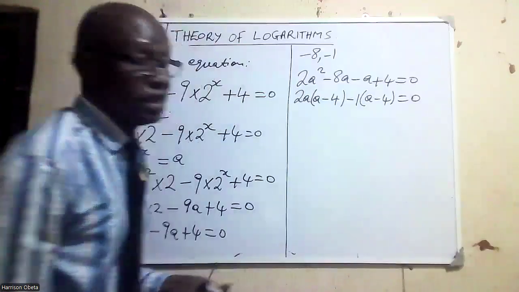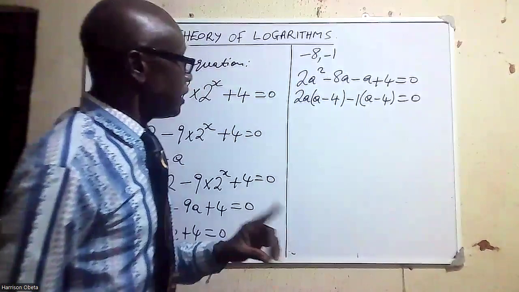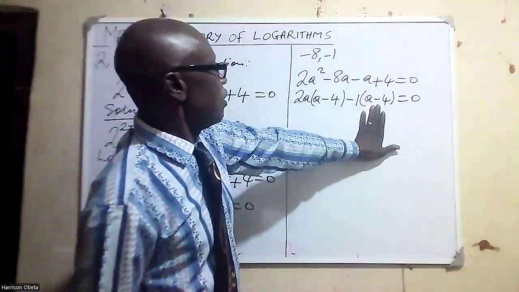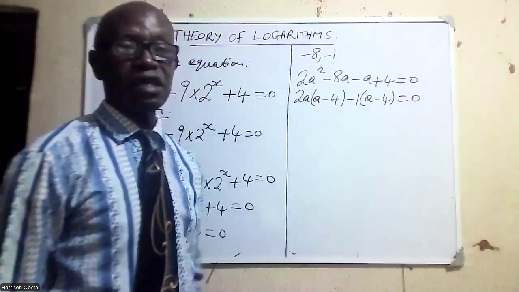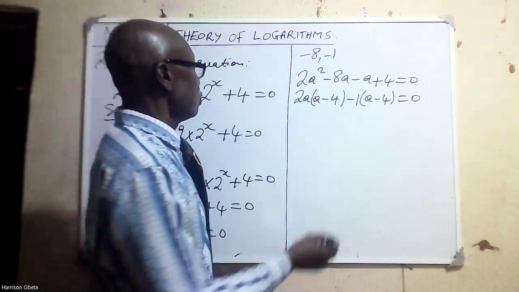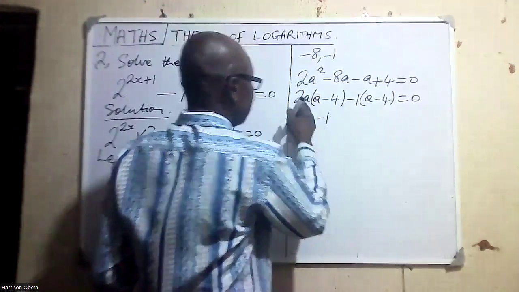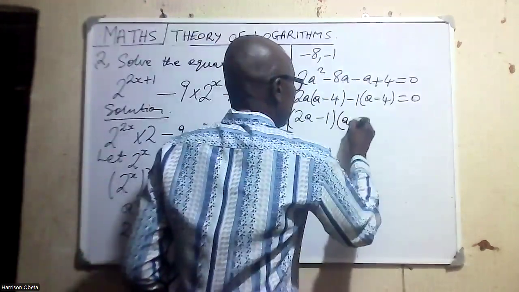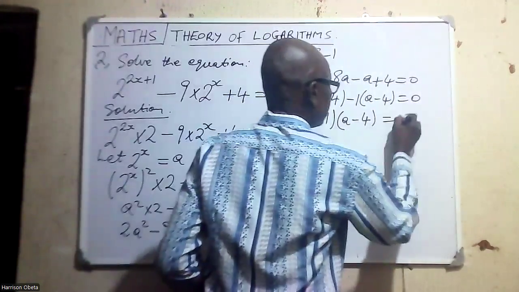And whenever you are carrying out this type of factorization, you check and make sure that whatever you have here is what you must have here. If the value you have here is different from this, it means you have started making a mistake. So move on. That will give us 2a minus 1, that is this and this, into a minus 4, equal to 0.